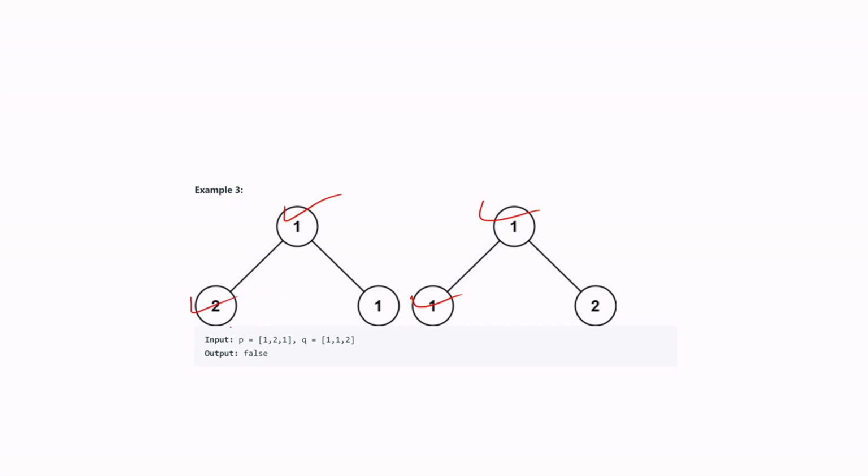These are symmetric, we can say, but not identical. This left and this left are not matching, this right and this right are not matching, so the trees are not identical, and that's why it returns false. Now let's understand the coding part and see the code section.